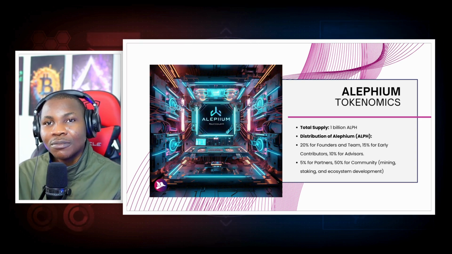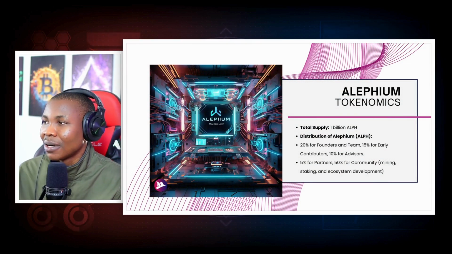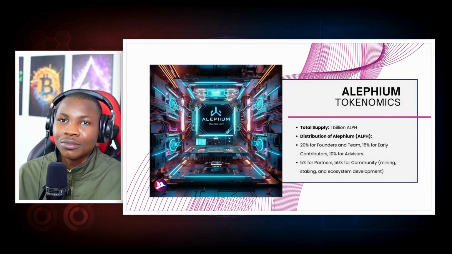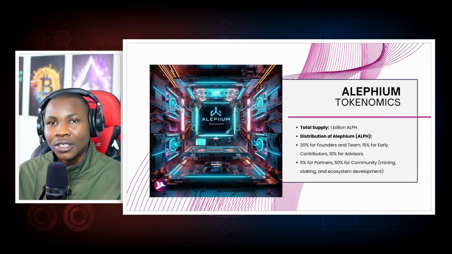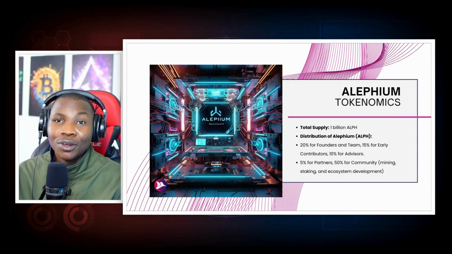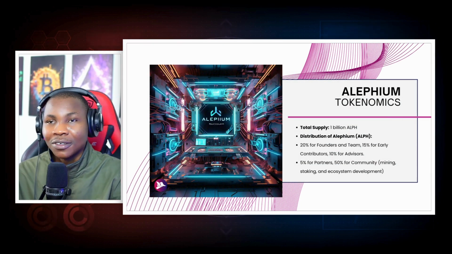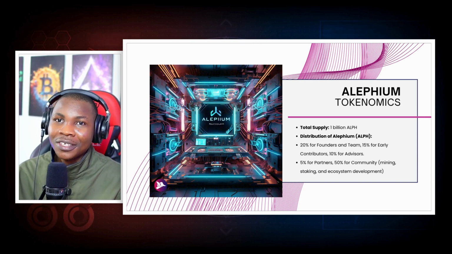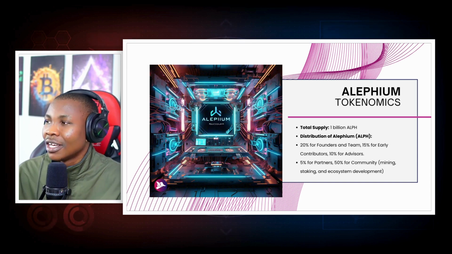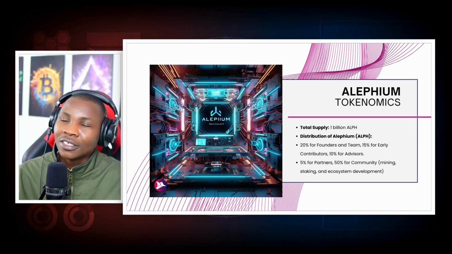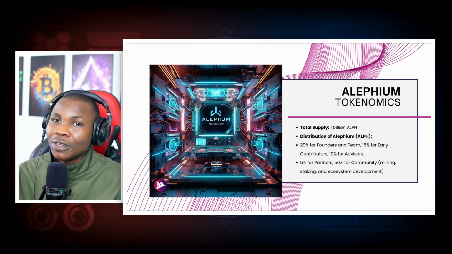20% of the Alephium token goes to the founder and the team involved with the Alephium project. Meanwhile, 15% goes to the early contributors of building or raising the Alephium blockchain to what it is today. 10% of that 1 billion tokens goes to the advisors, and 5% goes to the partners.